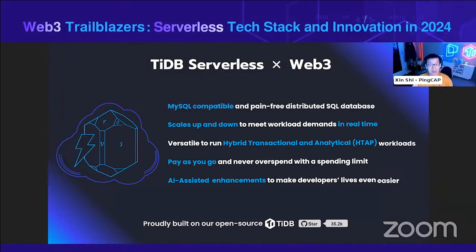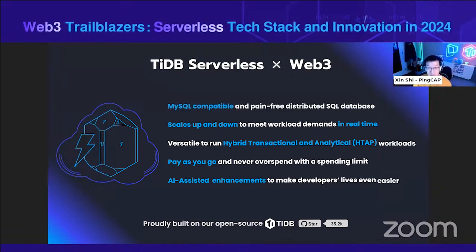So in case something unpredicted happens and you get spike traffic, TiDB Serverless responds in real time. It can simplify your overall architecture because we support hybrid transactional and analytical processing, which we call HTAP.